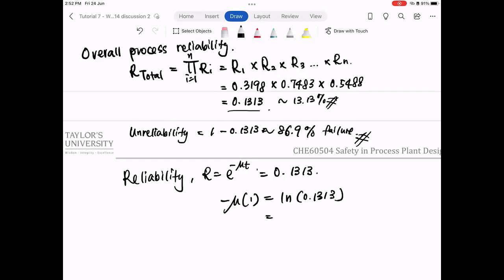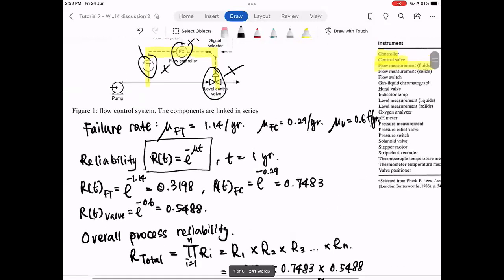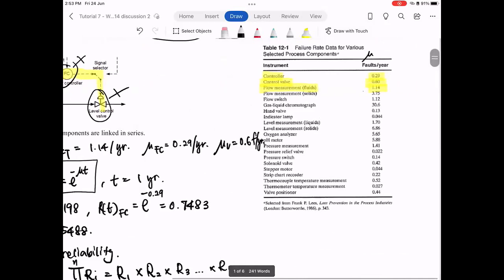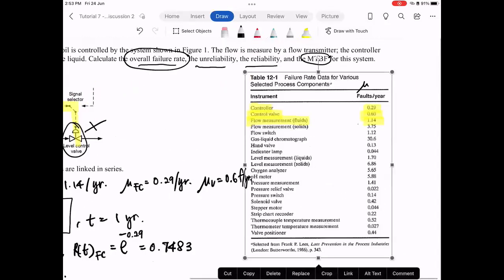Okay, so let's see what the data is. So this is 2.03 times failure per year. Remember, the mu is always talking about how many times it failed per year. You can see here, faults per year.